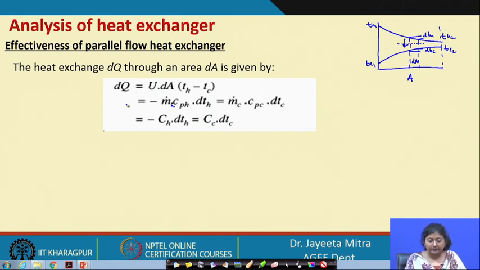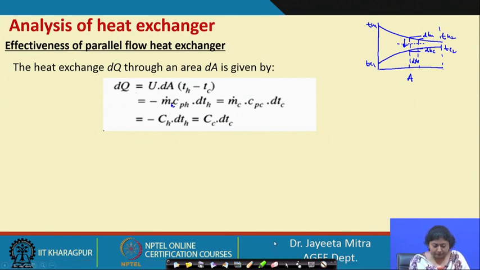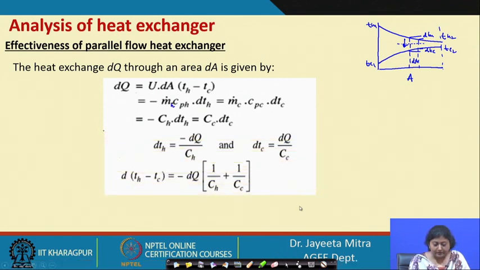Now, we have already seen that we need to find dTh minus dTc. So, we can write dQ by Ch and dQ by Cc. So, dTh is equal to minus dQ by Ch and dTc is dQ by Cc.